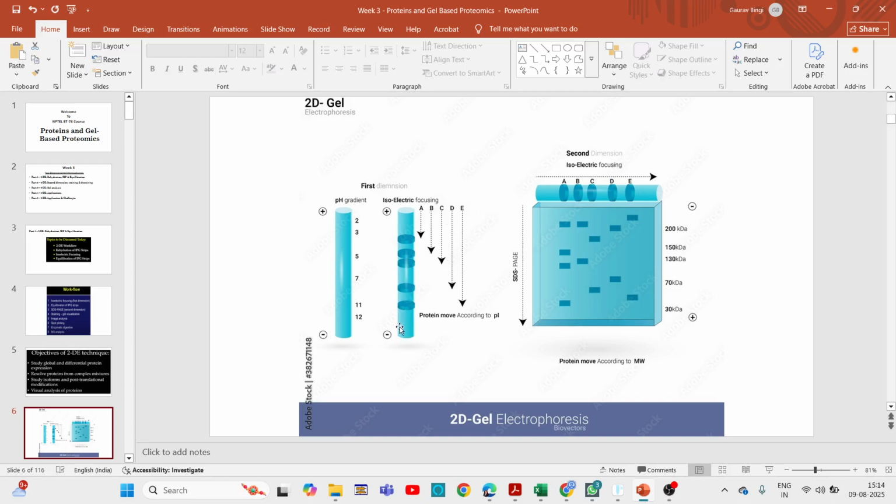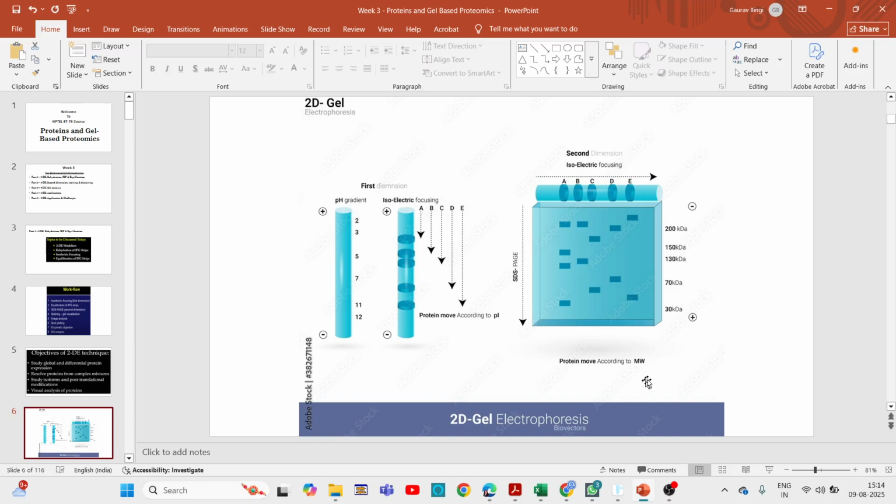And after that you will take this strip and keep it in a horizontal direction, and once that is kept, you need to have an SDS-PAGE gel, and these are the proteins which are already loaded. You'll just have to load the ladder as such. Here there is no ladder image though, but you'll have to load the ladder, and then you will be separating on the basis of molecular weight.